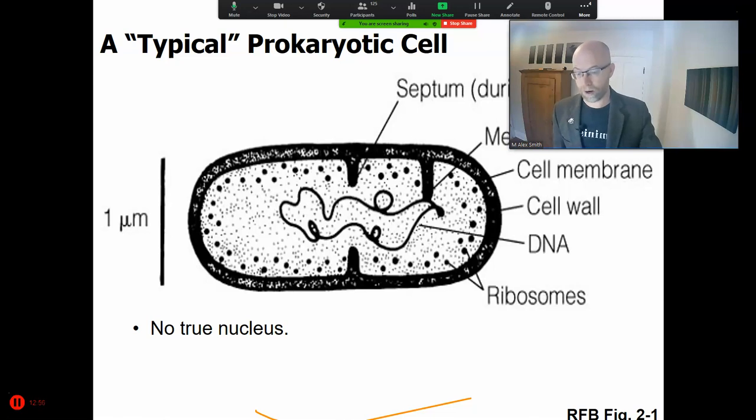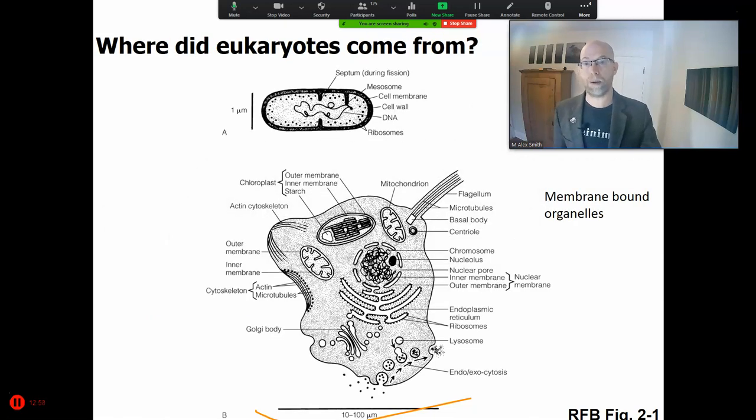So the question for us as zoologists that we often come up with is, as we move from this very simple prokaryotic version of how to be modular life to membrane-bound organelles in this version of a eukaryotic cell.